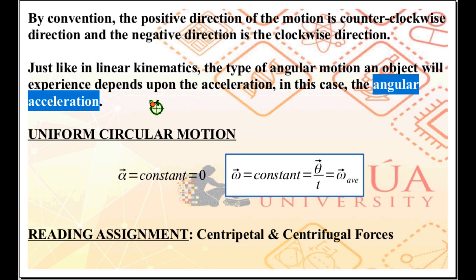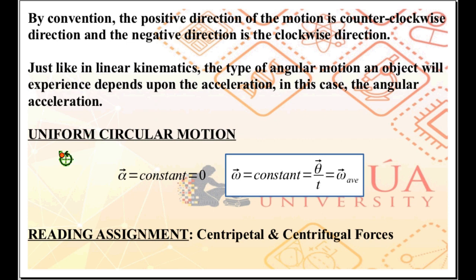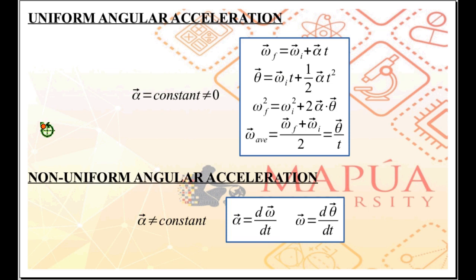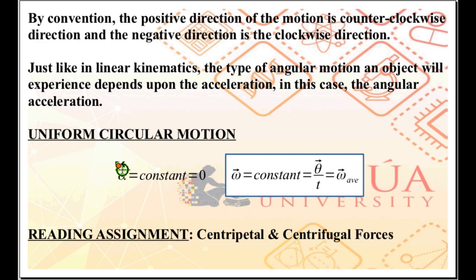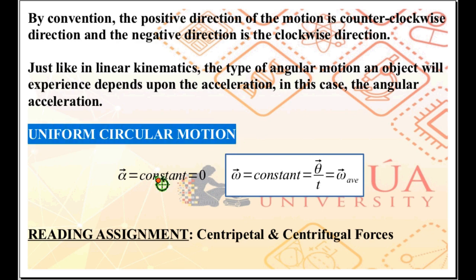Depending on the angular acceleration, the object may experience uniform circular motion, uniform angular acceleration, or non-uniform angular acceleration. An object will experience uniform circular motion when the angular acceleration is constant at 0. So alpha is equal to 0 and it is constant at 0.